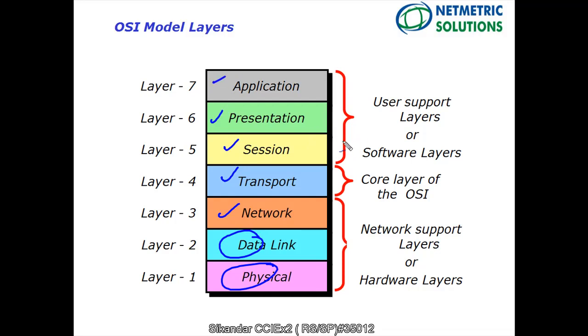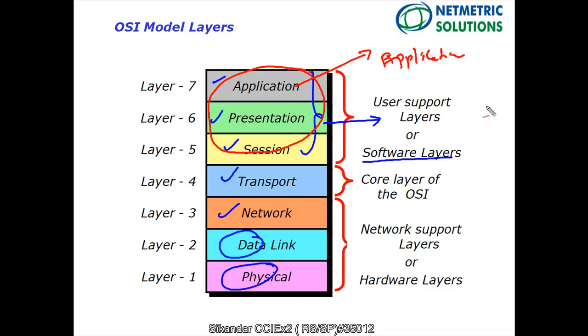In these layers, the top 3 layers we generally refer to as software layers or user support layers, which means this process happens generally inside your PC, inside your application. Mostly they are application-specific processes, whereas the first 3 layers we generally refer to as hardware layers.